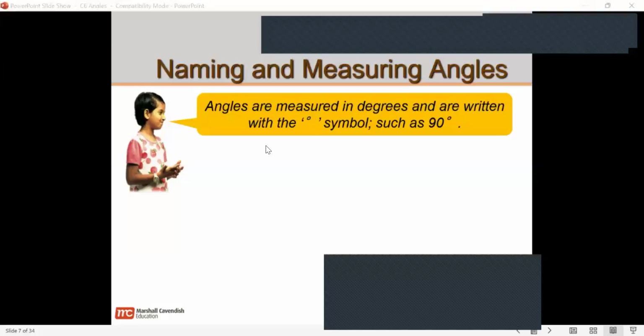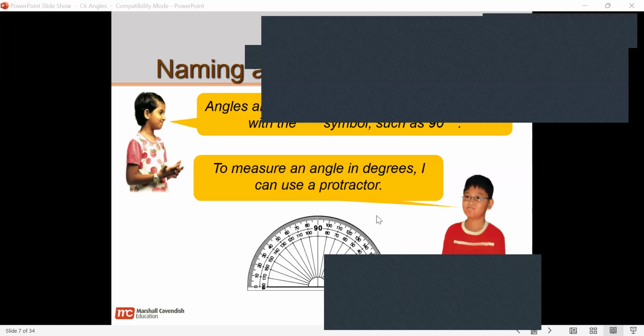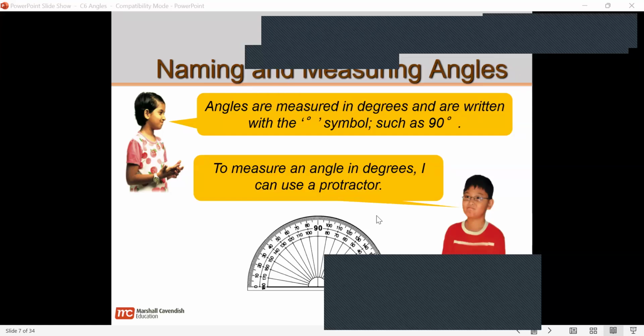Just a quick reminder again, I want to share this one more time about remembering the units of angles. So angles are measured in degrees. That little dot here looks like a 句号 in Chinese, right up here.